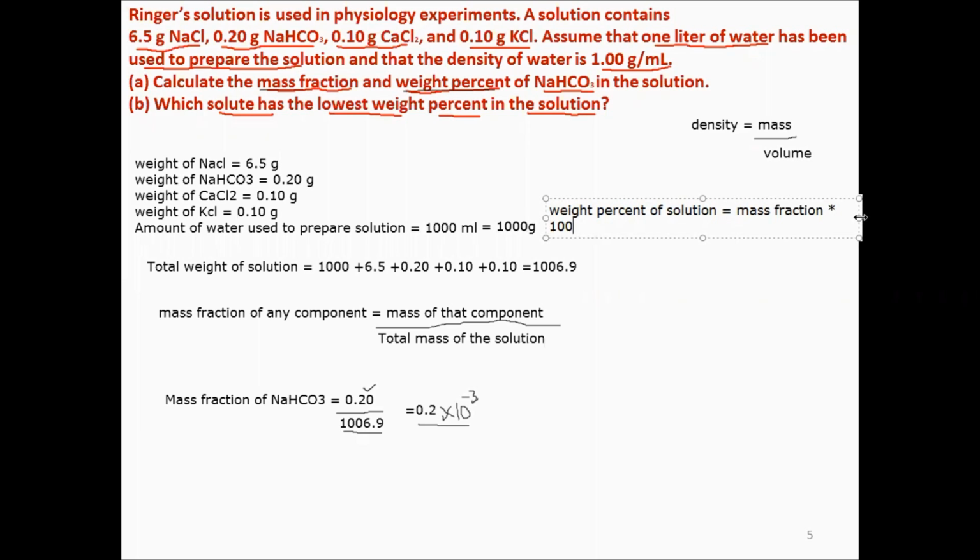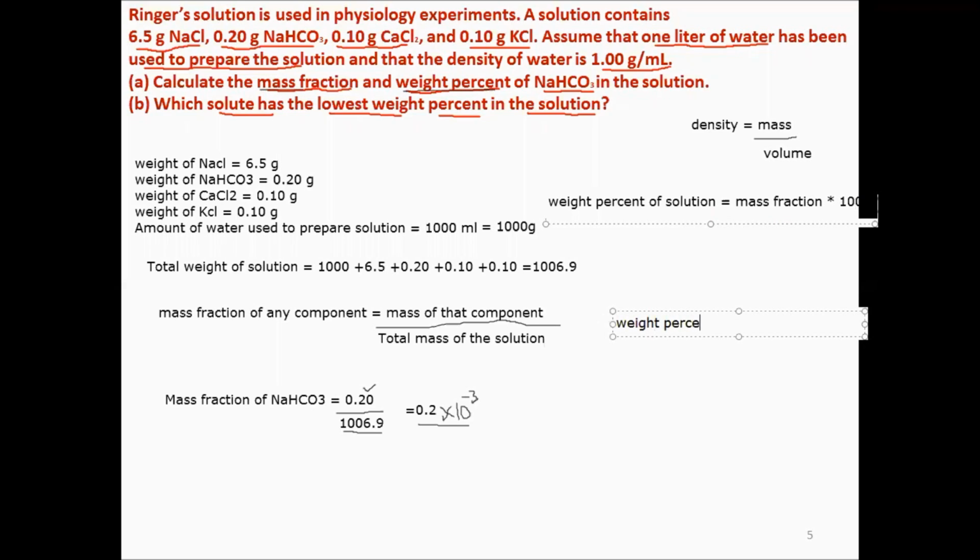You can remember this formula to calculate weight percent of solution from mass fraction. It says that weight percent of solution is equal to mass fraction into 100. Mass fraction we have already calculated. So weight percent comes out to be equal to 0.2 multiplied by 10 raised to the power minus 3, multiplied by 100.